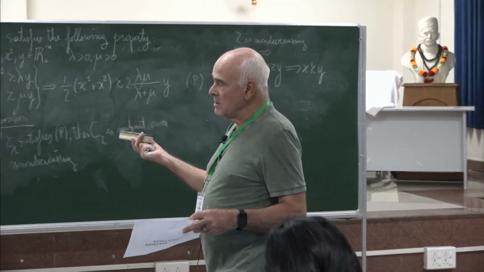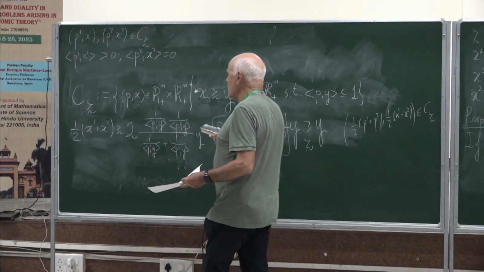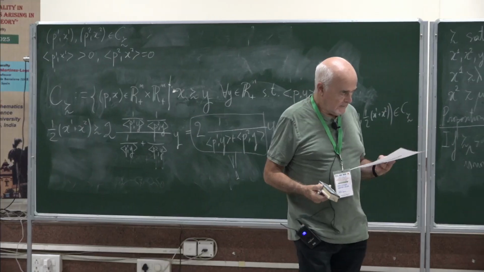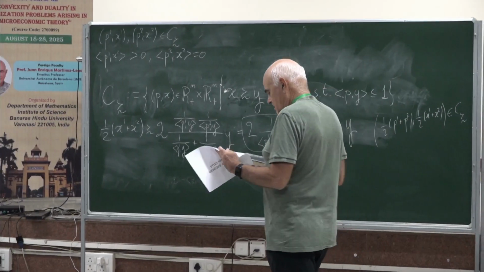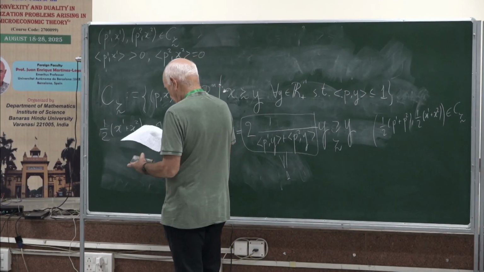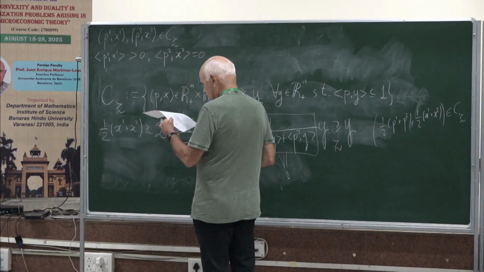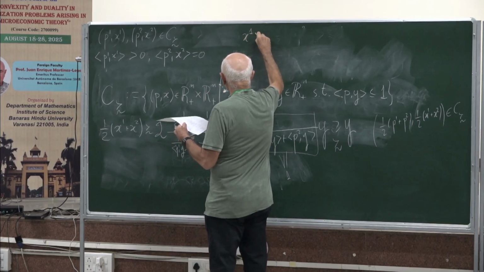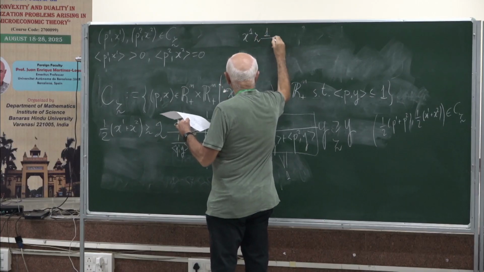By symmetry, we don't need to consider later the case when P1 of x1 is 0 and P2 of x2 is strictly positive. Then, in that case, what we have to use is that x1 is preferred to 1 over P1y times y.